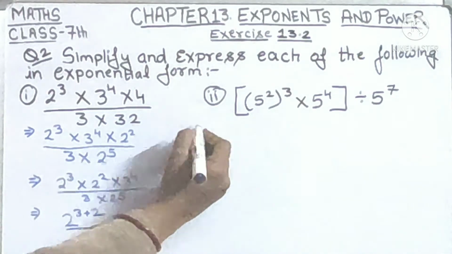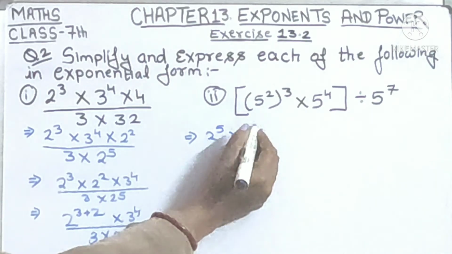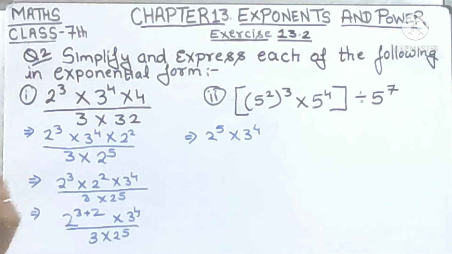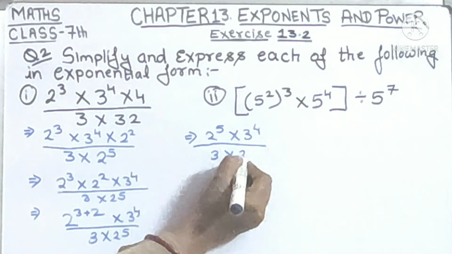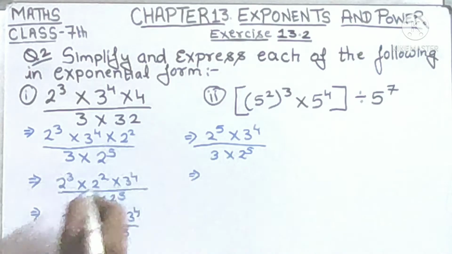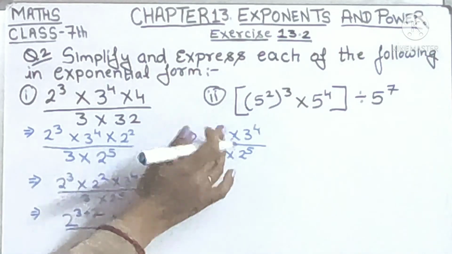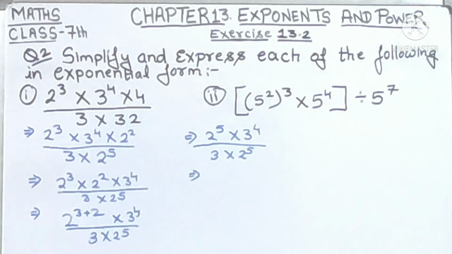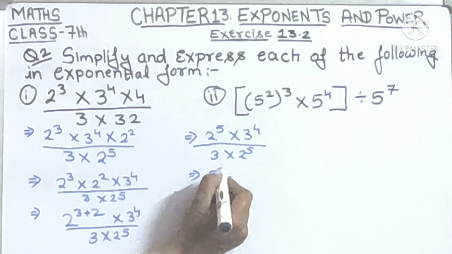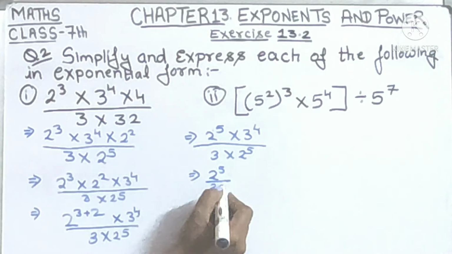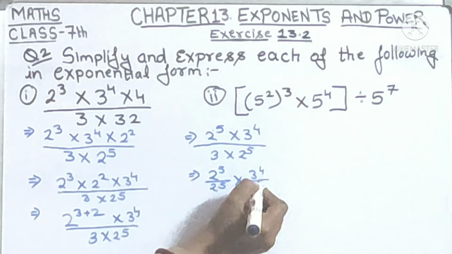Now, 2 raised to the power 3 plus 2 will be 5. 2 raised to the power 5 into 3 raised to the power 4, upon 3 into 2 raised to the power 5. Upon means divide. We have to divide these numbers. These two are common numbers, so we can write it as 2 raised to the power 5 upon 2 raised to the power 5, into 3 raised to the power 4 upon 3.